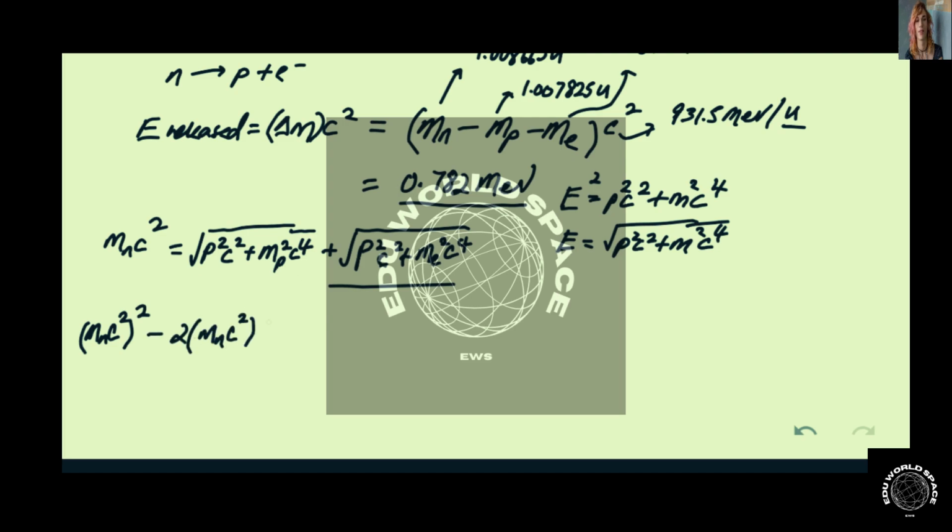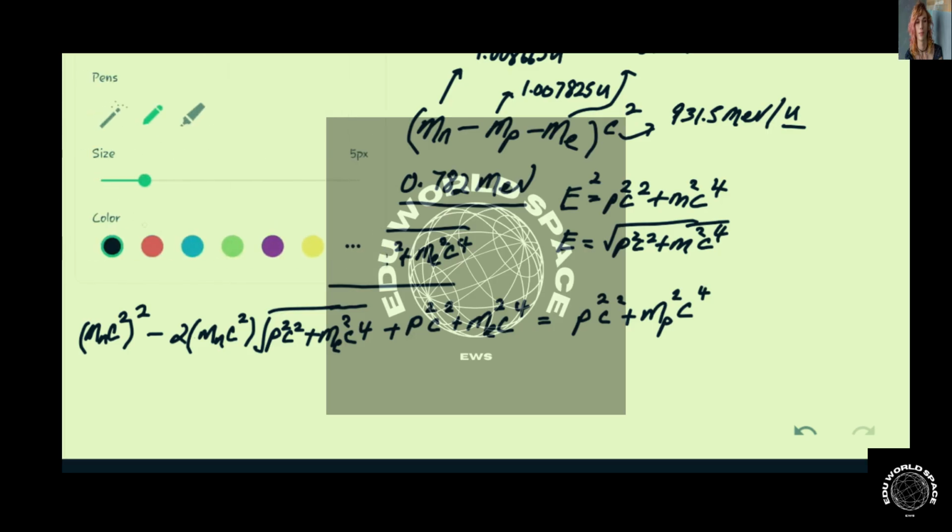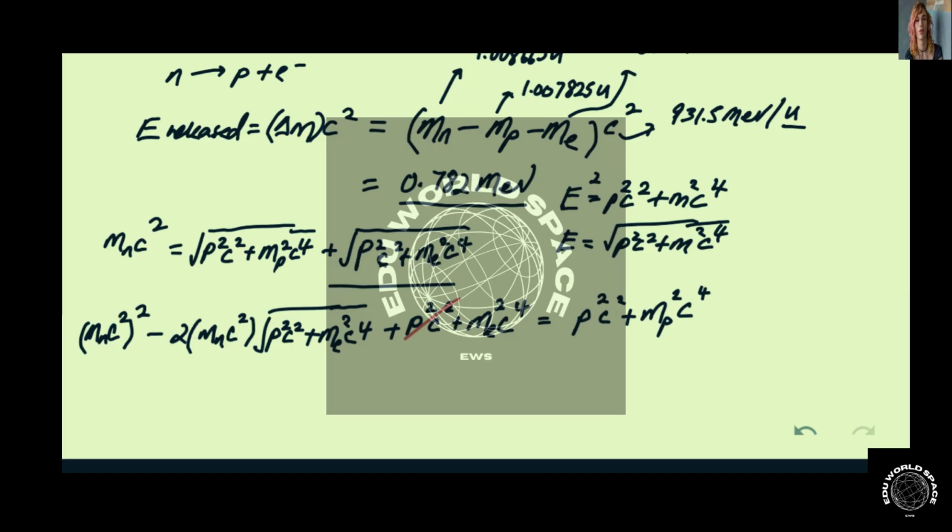After squaring both sides, there's a common term of p squared c squared, which we can remove.